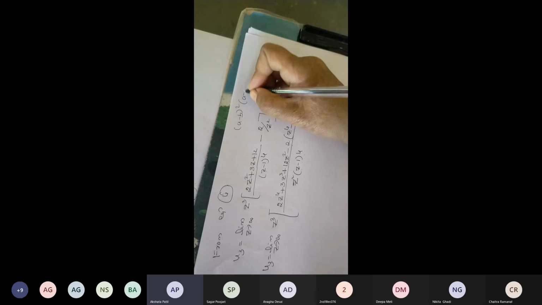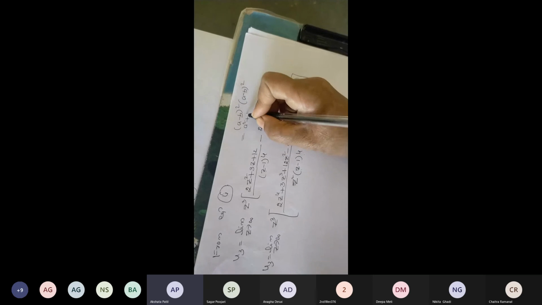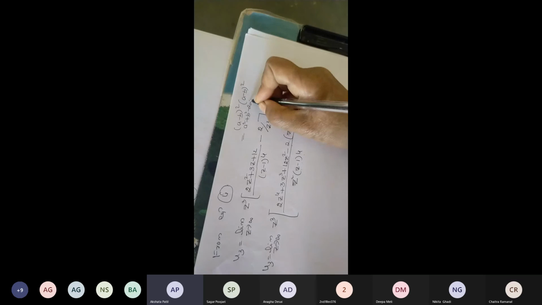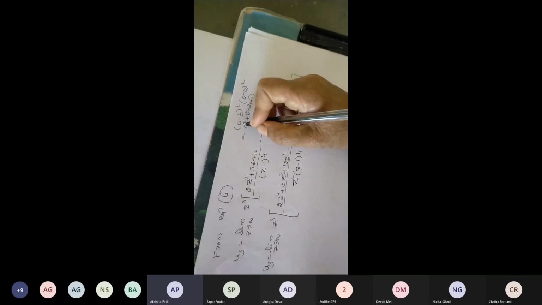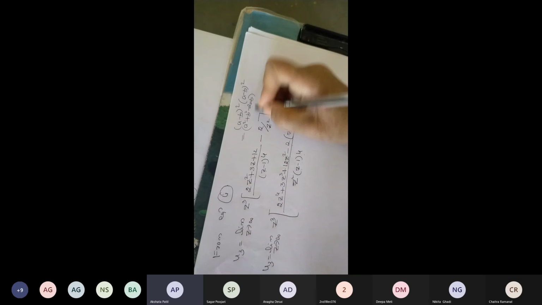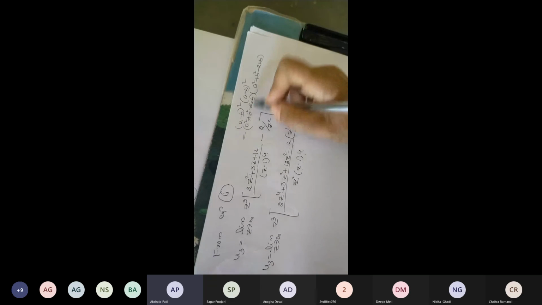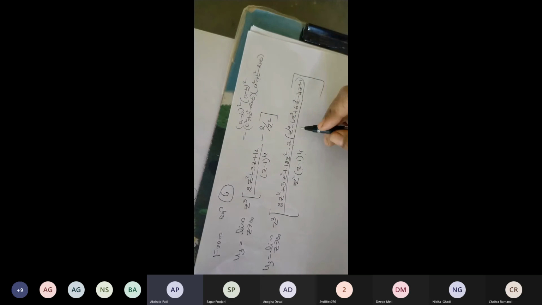The (a minus b) whole square formula is a square plus b square minus 2ab. Simplifying again, you get z raised to 4 minus 4z cube plus 6z square minus 4z plus 1, and the denominator stays as it is.